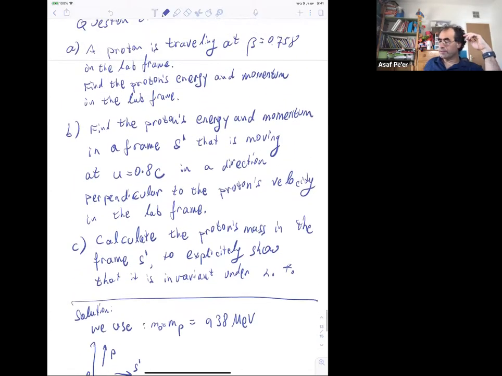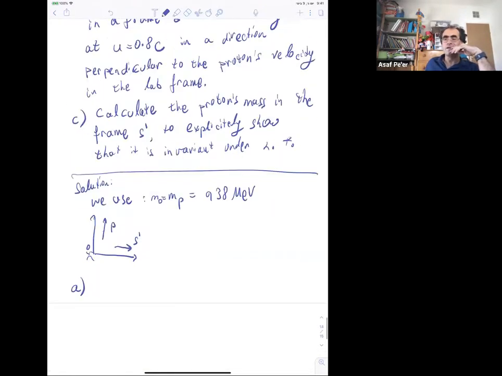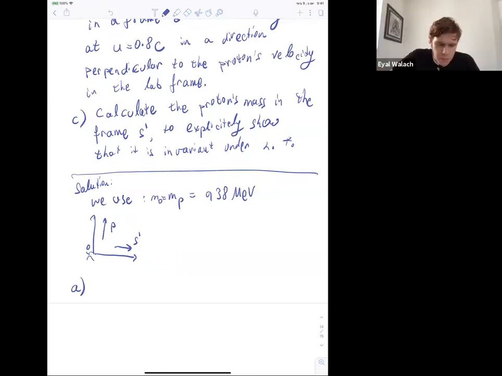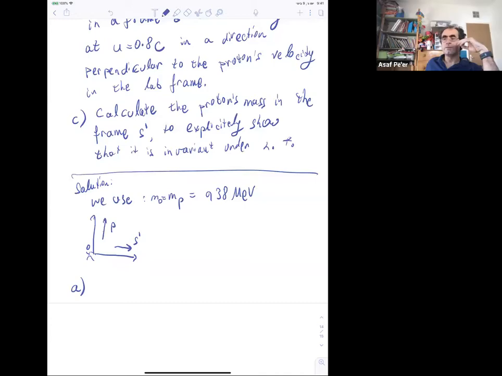Part A is quite simple. There is a proton traveling at some speed which cannot be neglected with respect to the speed of light. Beta is v over c. Find the proton's energy and momentum. So what is the proton's energy? Gamma m c squared.